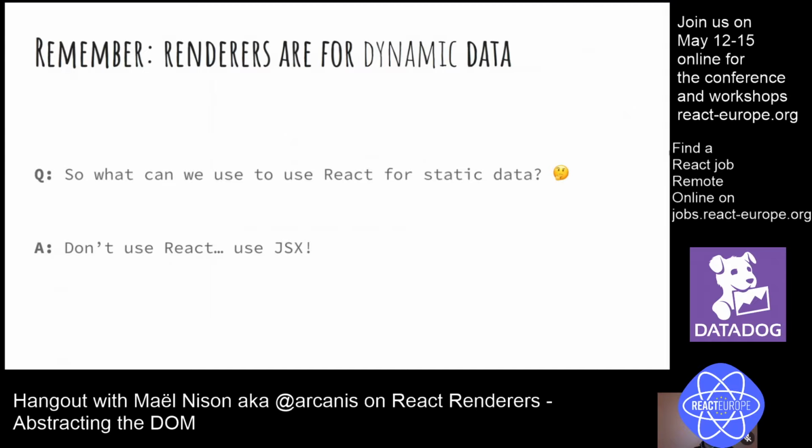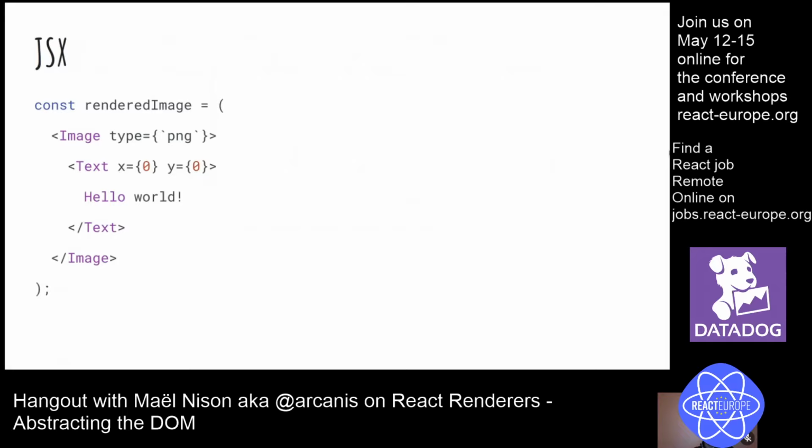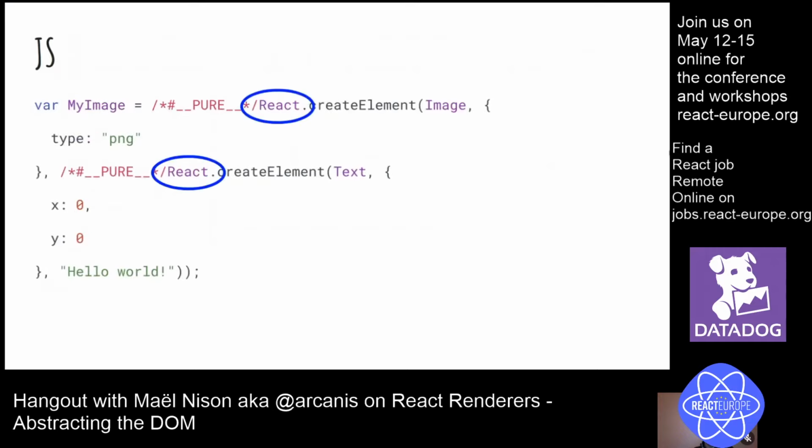So as we discussed, renderers are for dynamic data. So what can we use to use React for static data? The answer is we don't actually want to use React. We just have to use JSX. JSX takes a literal HTML-like string, and will turn that into a string of JavaScript that goes through React.createElement.